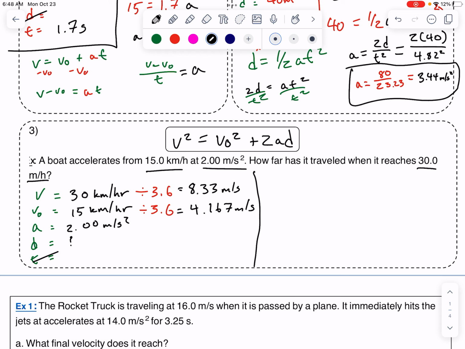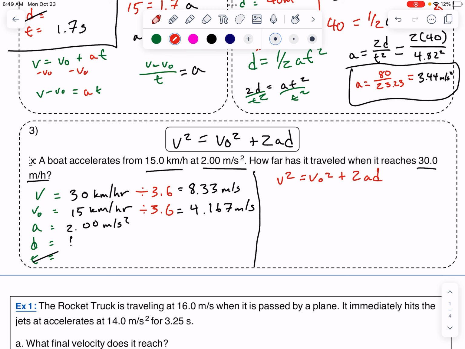All right, so in this case, I'm trying to find the displacement here. Again, because I don't know the time and don't need the time, I'm going to go with this equation.